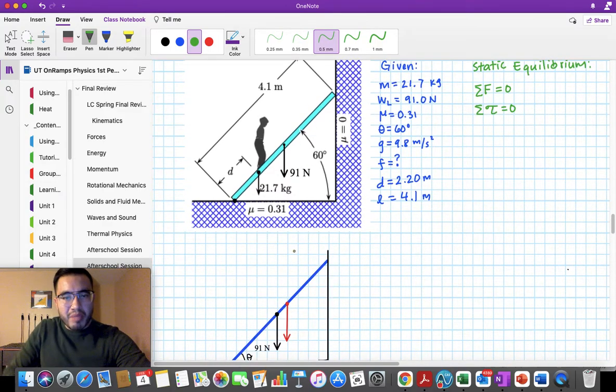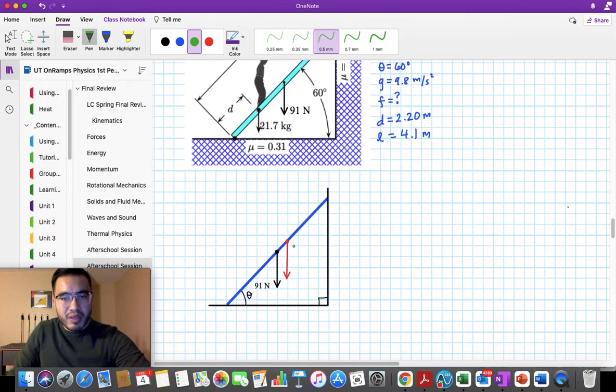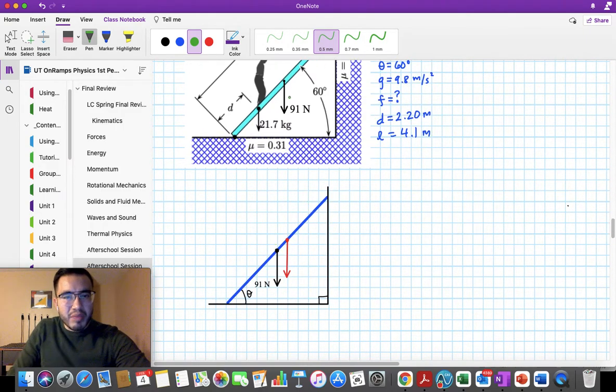So the kid is past the center of mass because it's uniform. The center of gravity is here. Just pretend this is the middle, the center of gravity for the ladder. So this vector right here is the weight of the kid, mg. This is a vector force for the 91 newtons of the ladder's weight at the center of gravity.